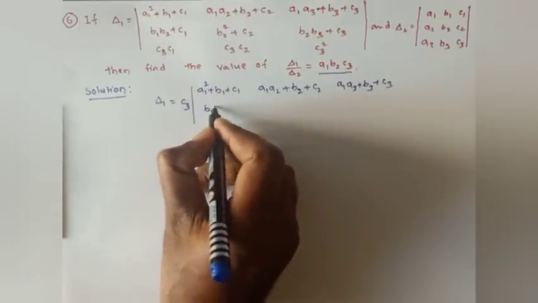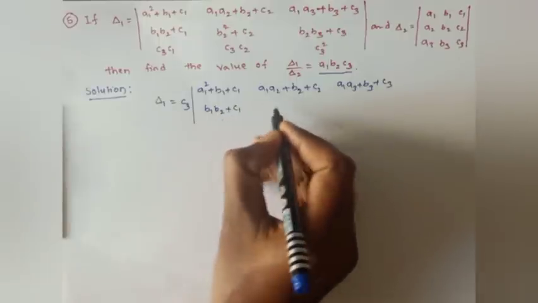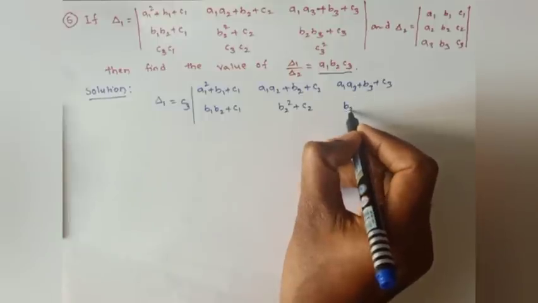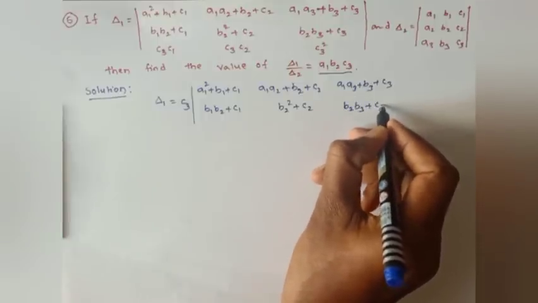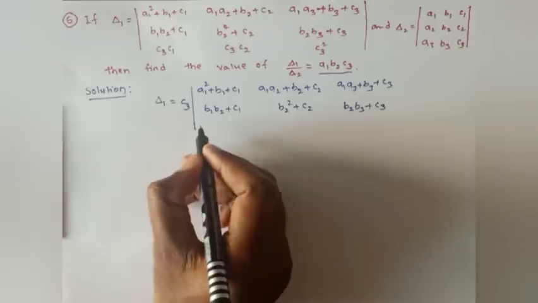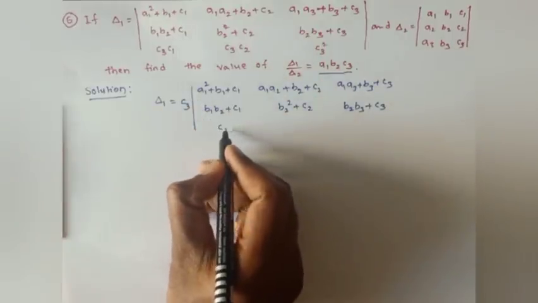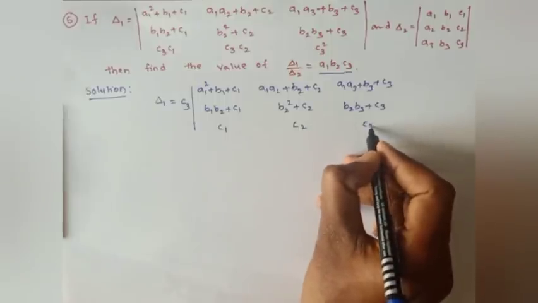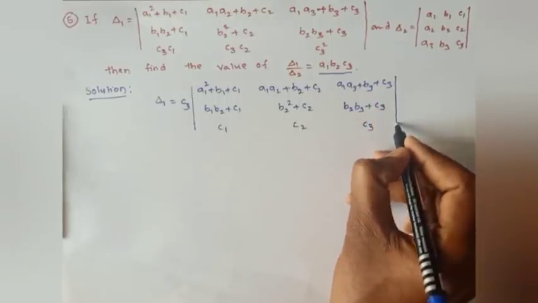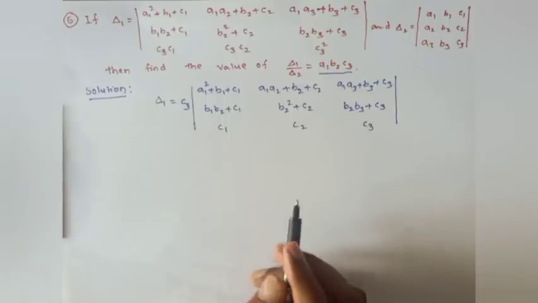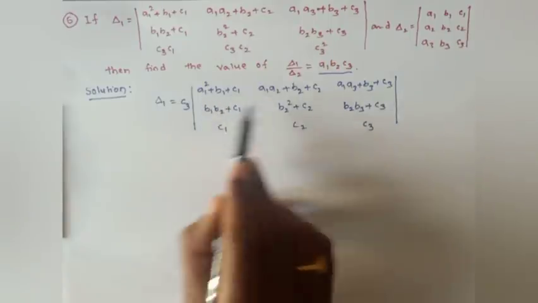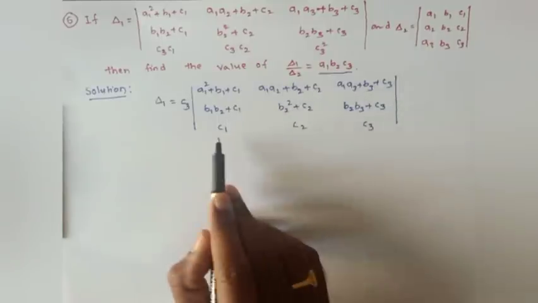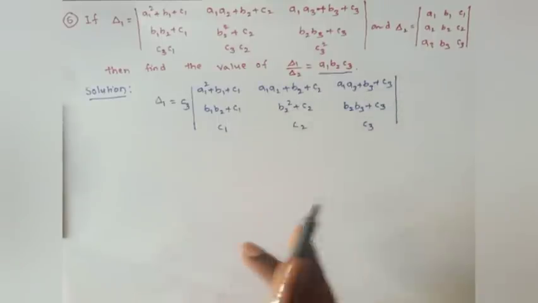Then it is B1 B2 plus C1, B2 square plus C2, this is B2 B3 plus C3. Now from the third row C3 is common, so the leftover elements are C1, C2, here it is C3. Now you can observe that in every term in the first row and second row there are C1, C2, C3, but the third row contains C1, C2, C3.